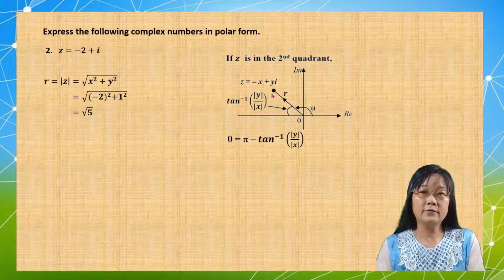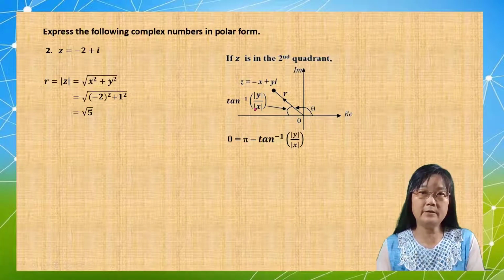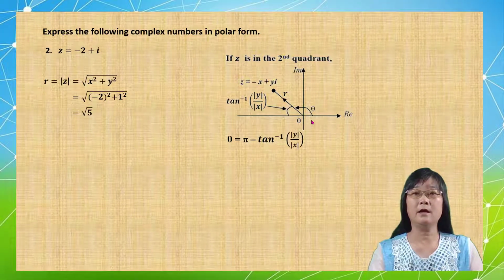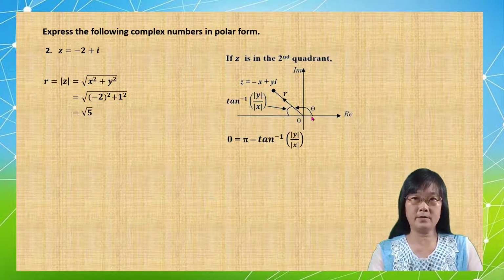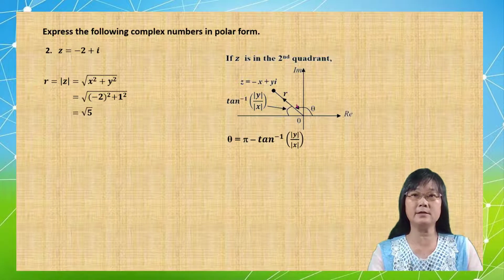First, I'm going to find the arctangent of positive y divided by positive x to find the basic angle of the second quadrant.